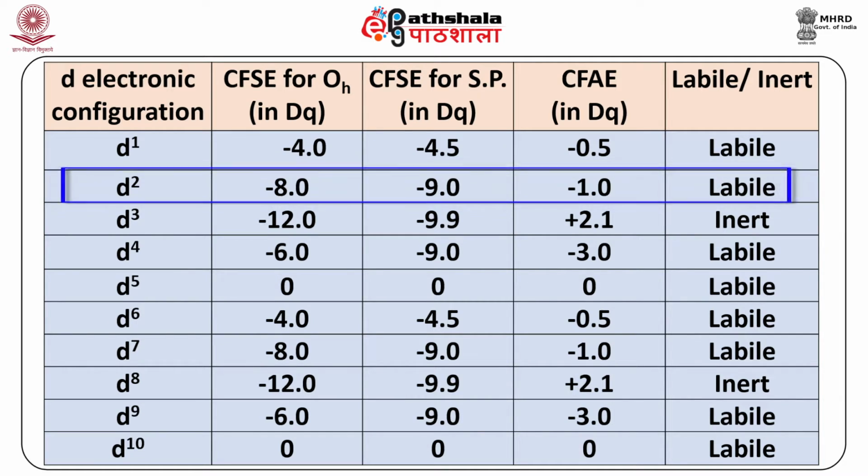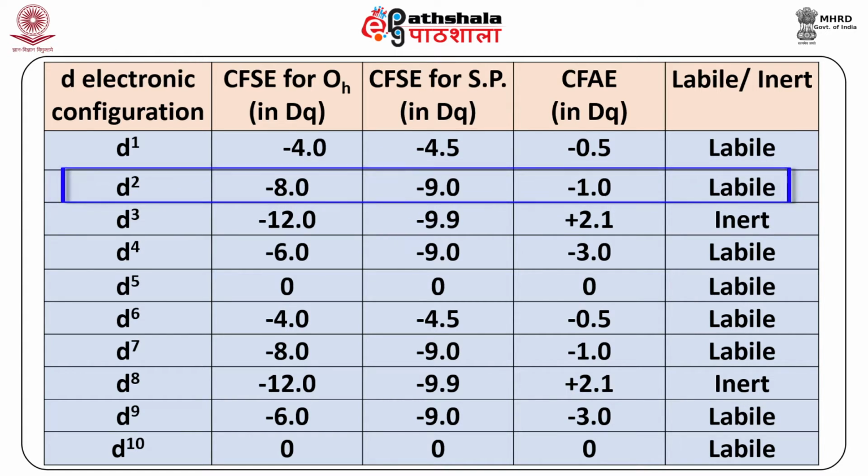While in case of a square pyramidal shape, overall crystal field stabilization energy would be 2 into minus 4.5 Dq plus 0 into minus 0.9 Dq plus 0 into plus 0.9 Dq plus 0 into plus 9 Dq. The value would become minus 9 Dq.